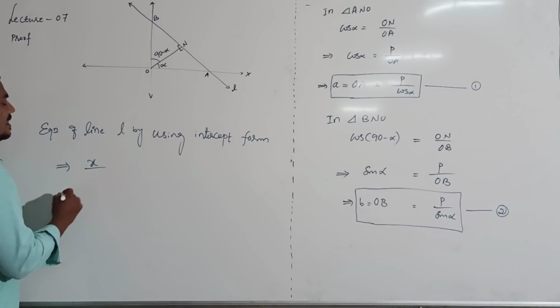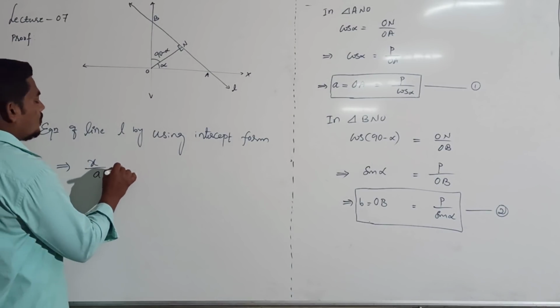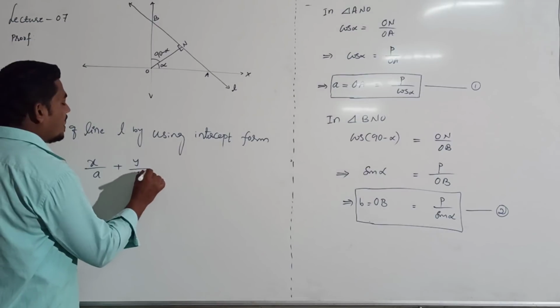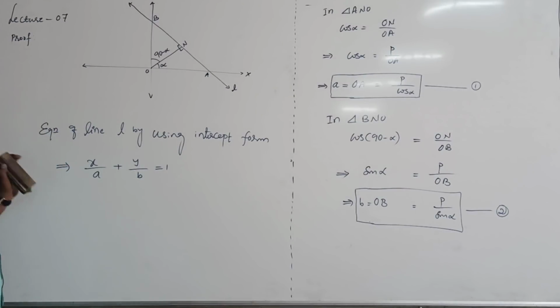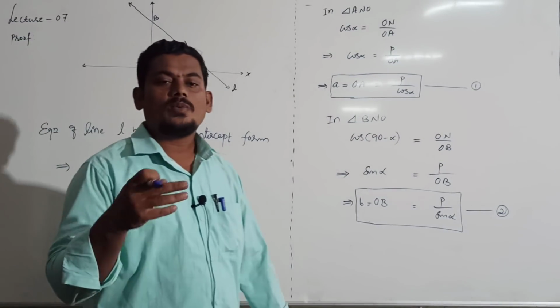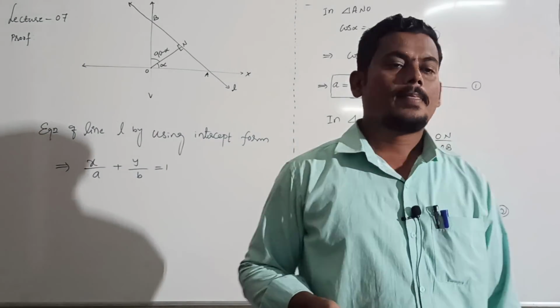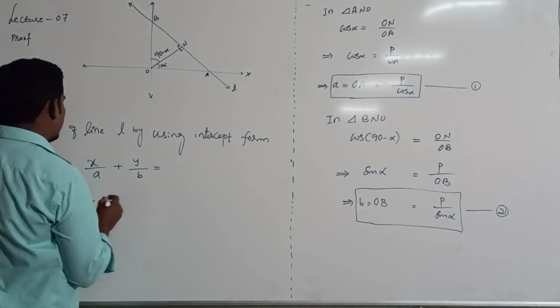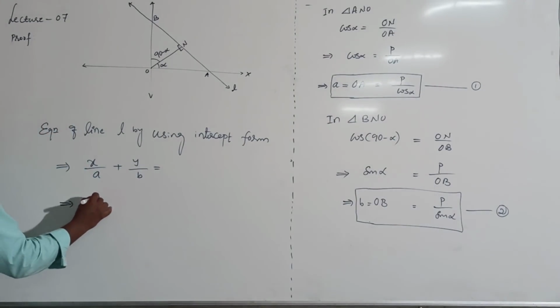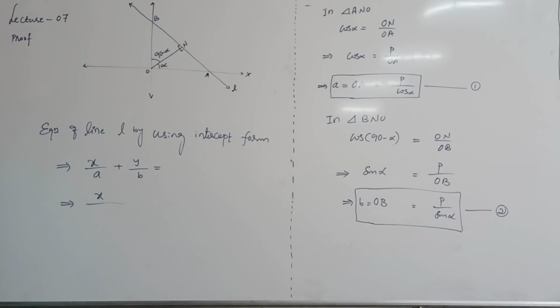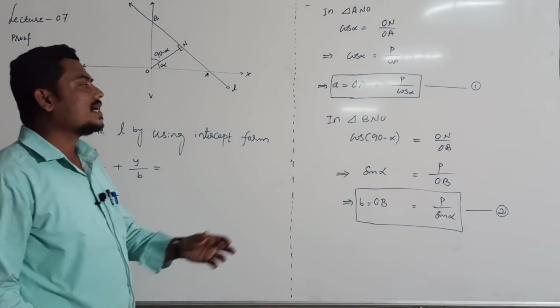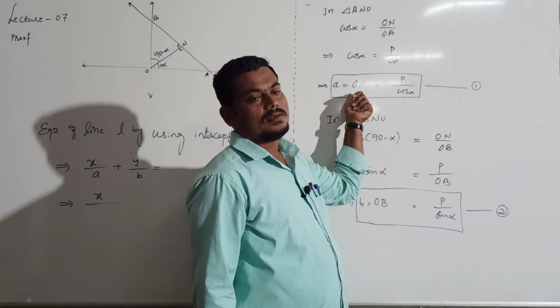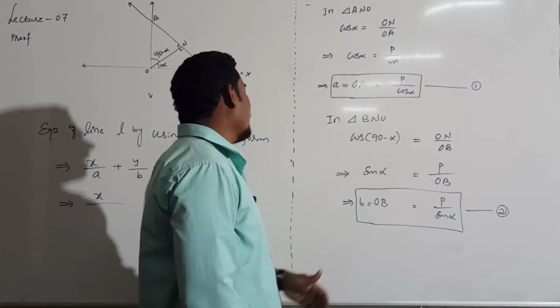Clearly x divided by small a plus y divided by small b is equal to 1 whenever the x intercept and y intercept are known, right? That is x divided by, already you know the small a value. Look at equation number 1. Small a is nothing but p divided by cos alpha.